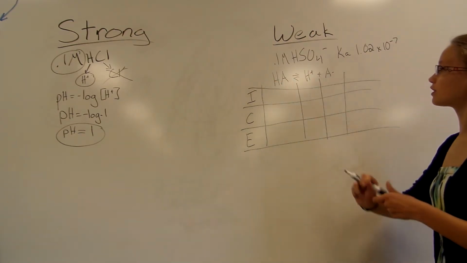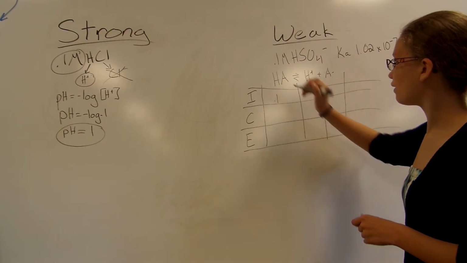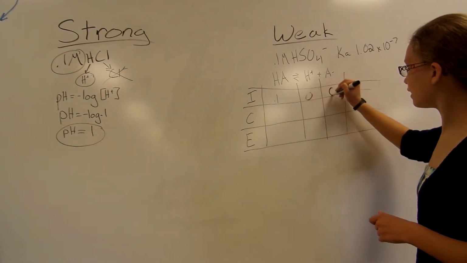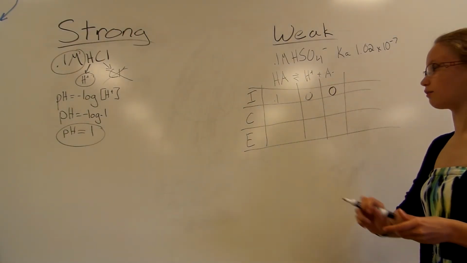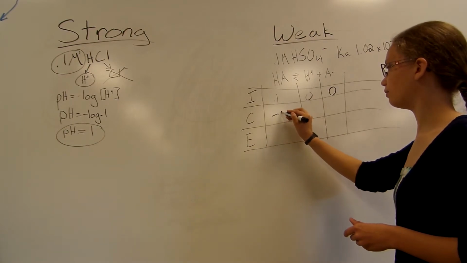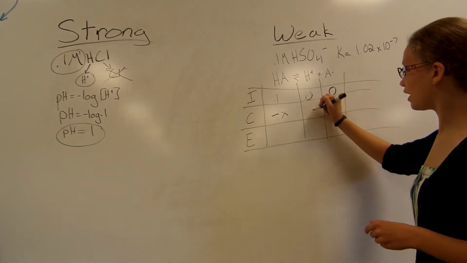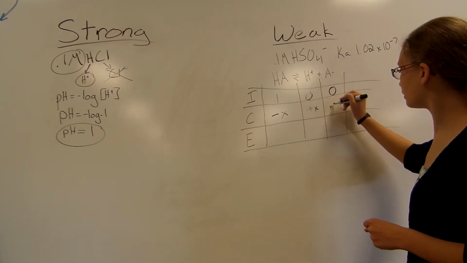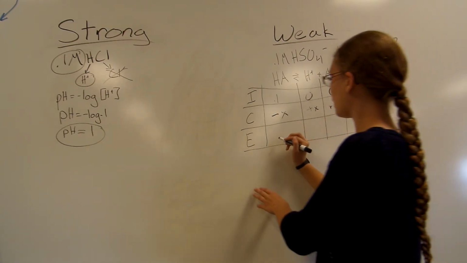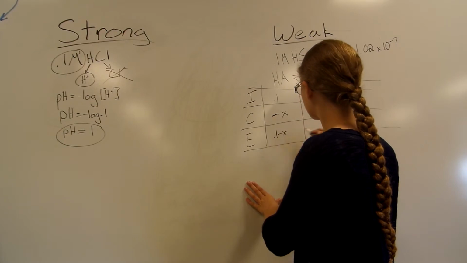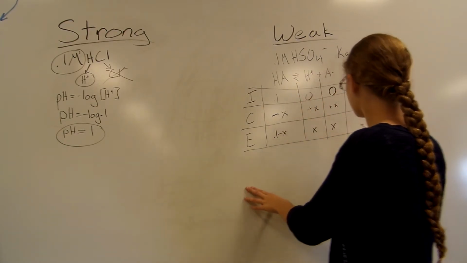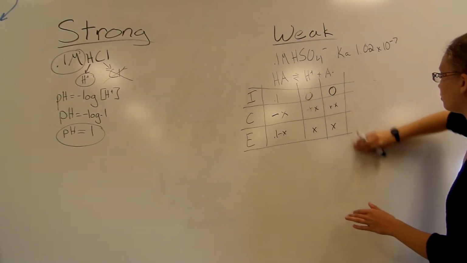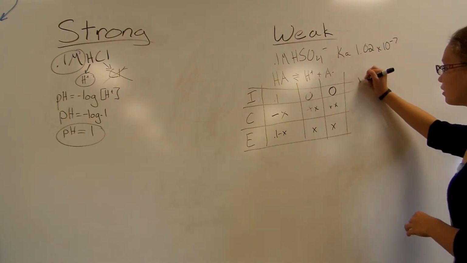So for our initial, we start with 0.1 molar of our HA, no H plus, and no A minus. Then as the reaction proceeds, we're going to have minus X for HA, then plus X for our H plus and A minus. So at the end, we're going to have 0.1 minus X, X, and X, which we can then plug into our K expression.